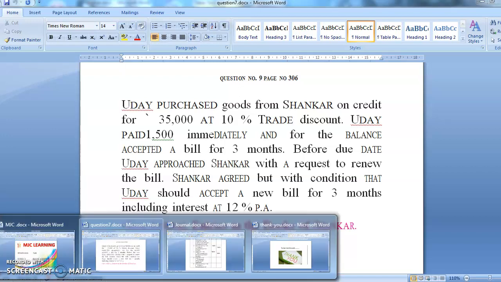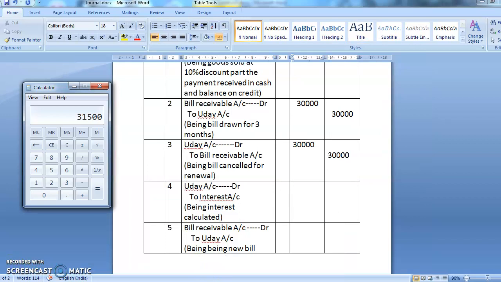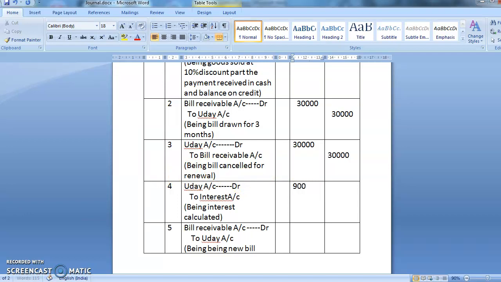This time not even a single rupee is received, so totally it will be 30,000 into 12%, which is 3,600. Then 3,600 divided by 12, multiplied by 3 months, so you get 900 rupees. So here it will be 900.